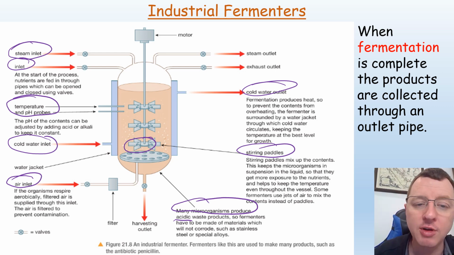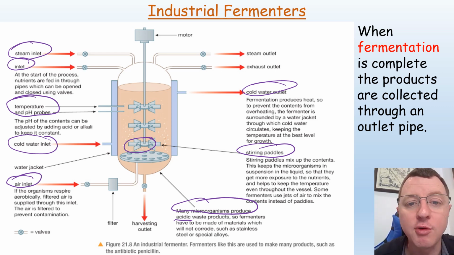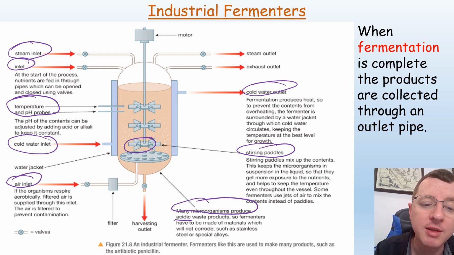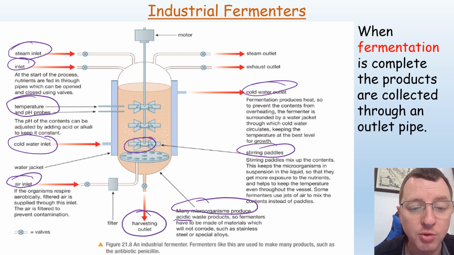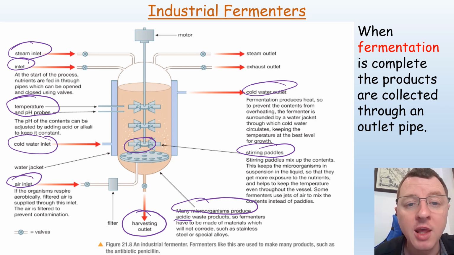After the transgenic bacteria containing the recombinant plasmids have been growing successfully in the fermenter for quite some time, we will then be able to open the harvesting outlet and allow the mixture to be released from the fermenter. This can then be purified so that the desired human protein can then be extracted from the mixture. It really is a fantastic way of being able to produce all of these human hormones in large numbers.